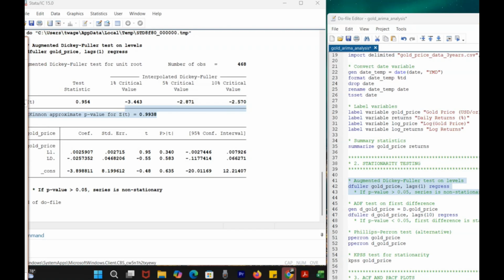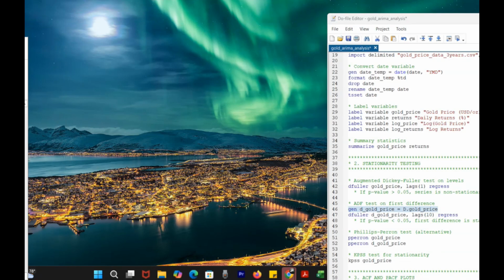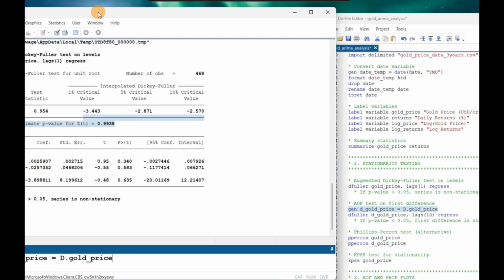Can we try to make a difference? Please generate it. You are going to have this code. You need to generate it in your command. Let me make it bigger for you.